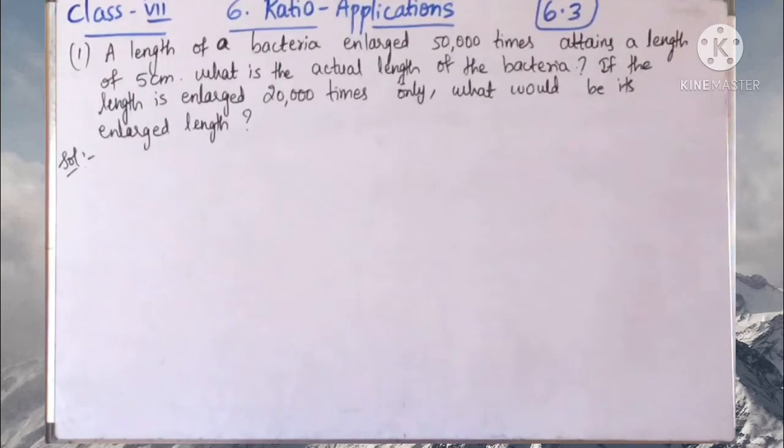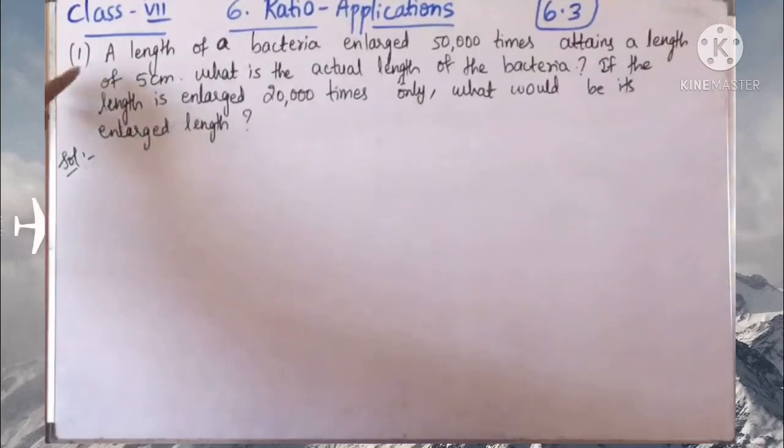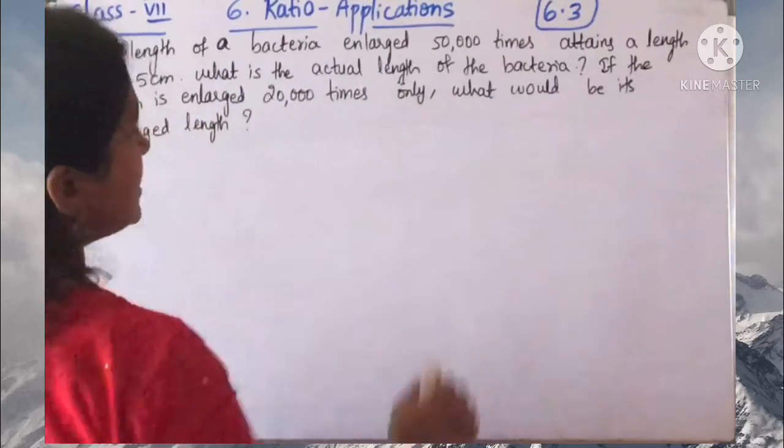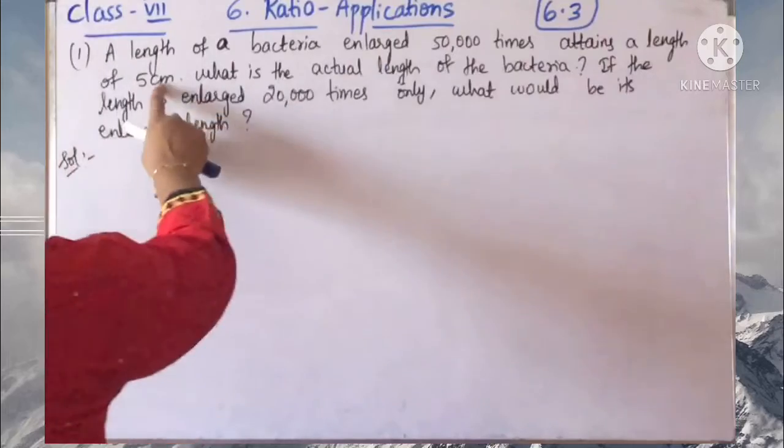In my last video, I discussed what is direct proportion and inverse proportion, children. If one quantity increases and the other quantity also increases, then they are in direct proportion. If one quantity decreases and the other quantity also decreases, then also it is direct proportion. In this question, the length of bacteria enlarged 50,000 times is 5 centimeters.